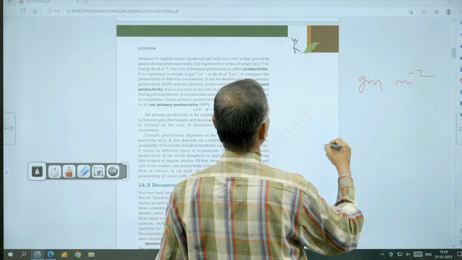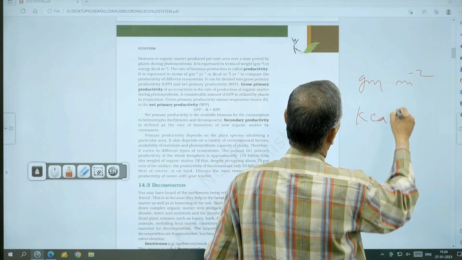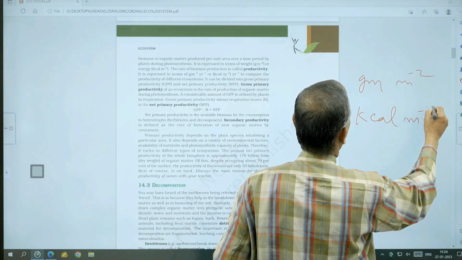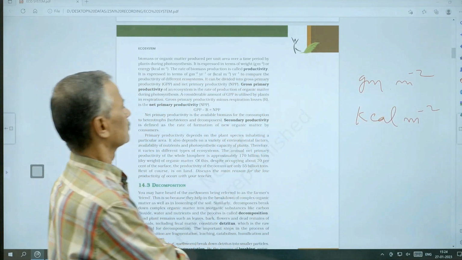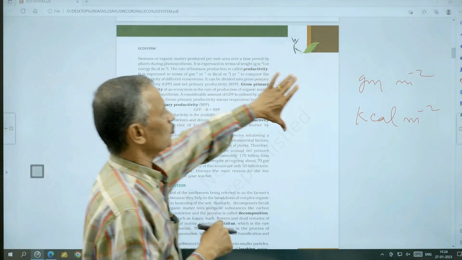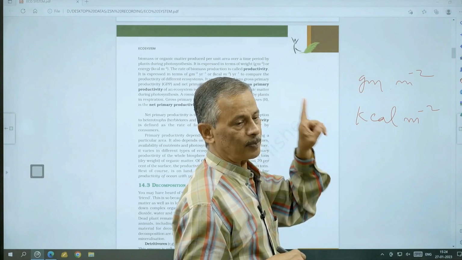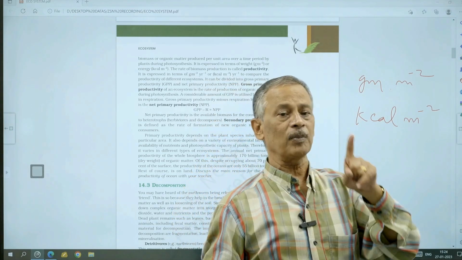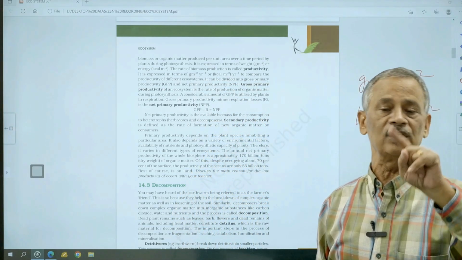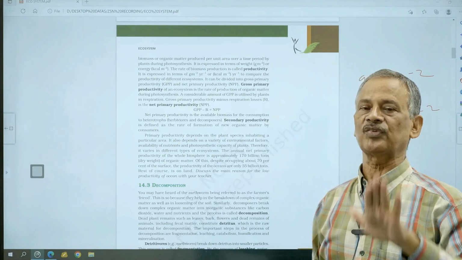How much energy? Kilocalories of energy per meter square. So we can express the production in these two ways. Primary production is the production of organic matter by plants, by producers, by photosynthesis.